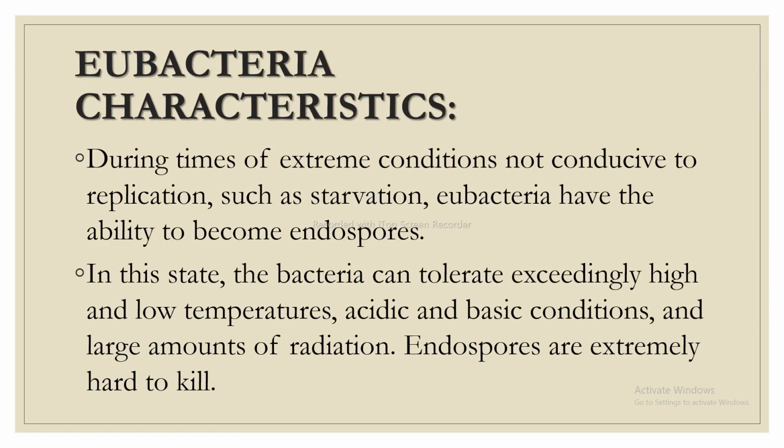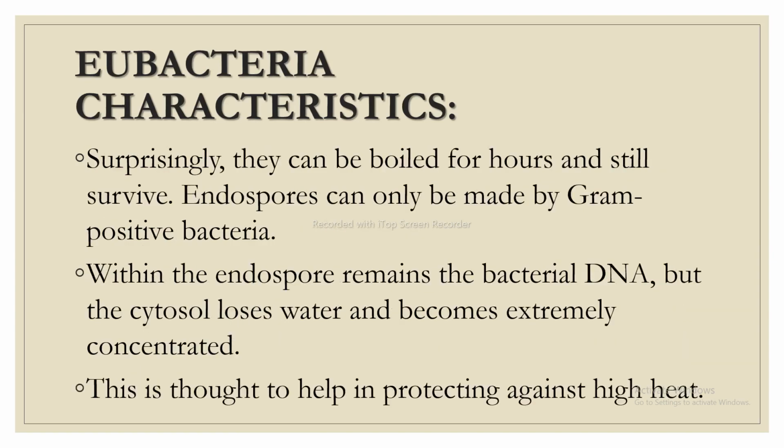In this state, the bacteria can tolerate exceedingly high and low temperatures, acidic and basic conditions, and large amounts of radiation. Endospores are extremely hard to kill. Surprisingly, they can be boiled for hours and still survive. Endospores can only be made by gram-positive bacteria.